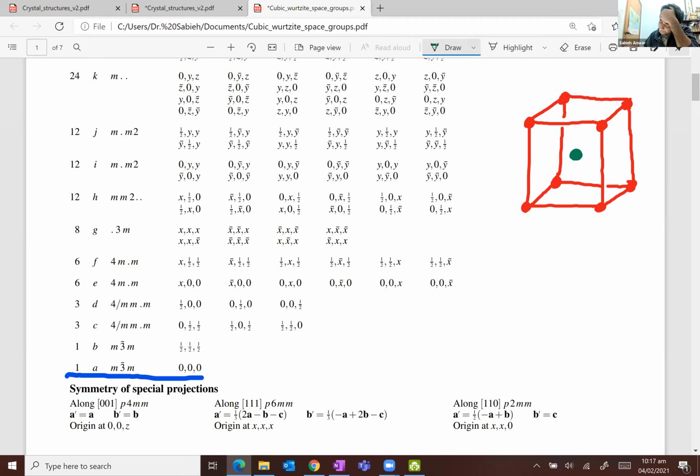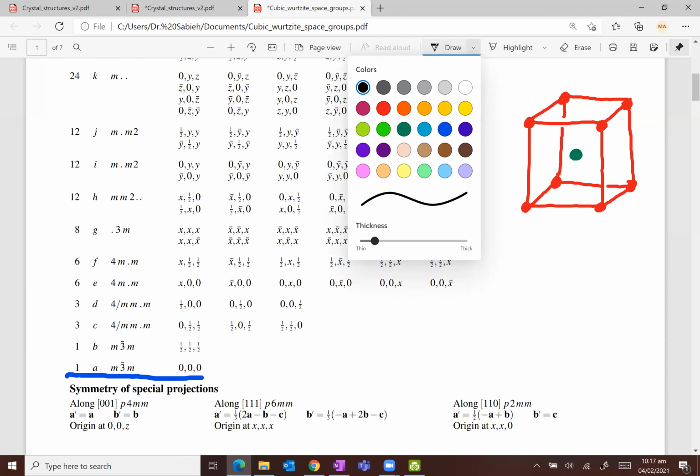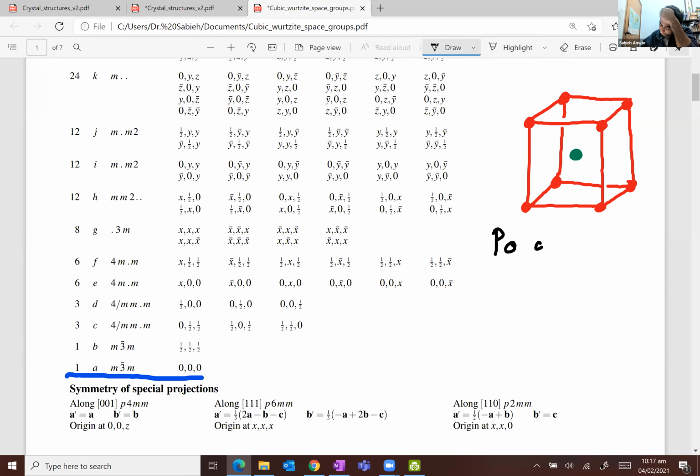Now, could you identify the location of the atoms, please? 1A sir, and 0, 0, 1B. Polonium at 1A. Sorry, not polonium. We're talking here about cesium chloride.